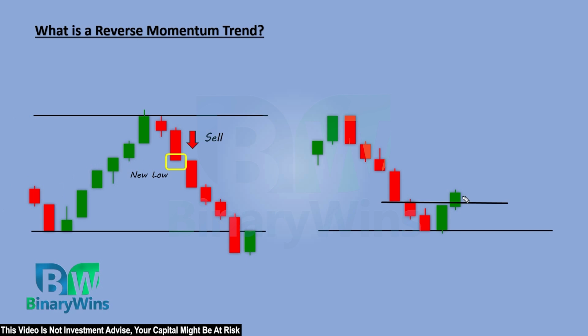Okay? A new high compared to the previous candle and the last candle of the momentum trend. When it forms a new high, we can enter a higher trade by continuing the trend.